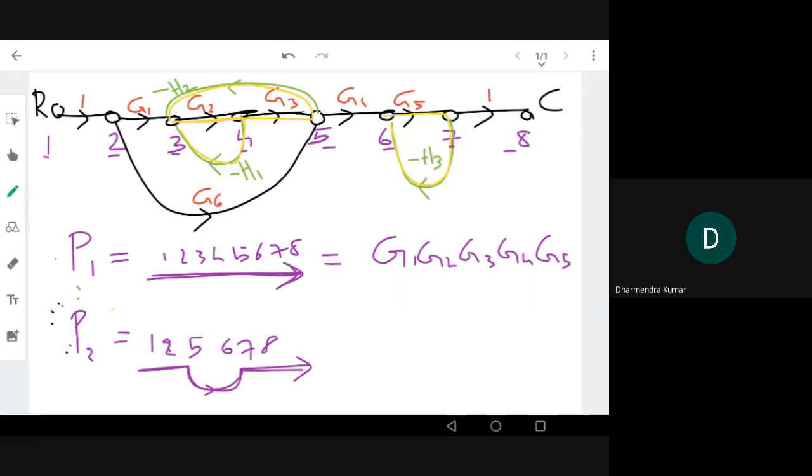Now what is P2? P2 is through G6, so it is 1 into G6 into G4 into G5, which is G4, G5, G6. You can see all these gains are positive, so this multiplication is also positive. So P1 and P2 are easy to find.